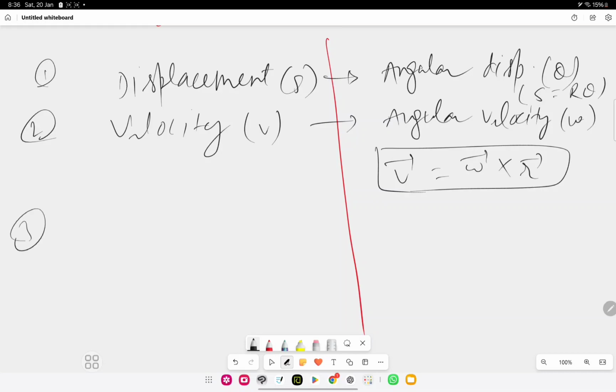The third relation we are going to talk about is linear acceleration. Linear acceleration, or acceleration, we write a, and angular acceleration we write by alpha.